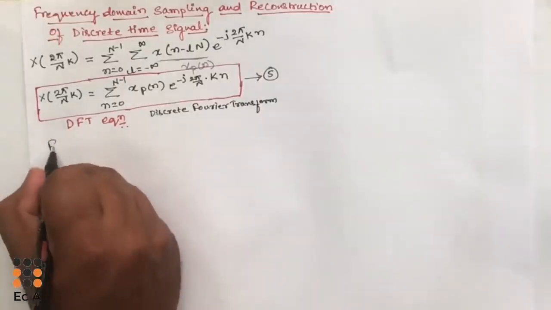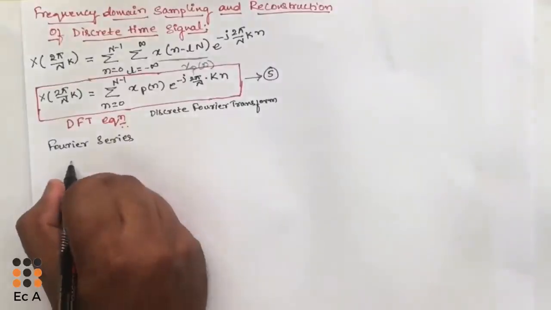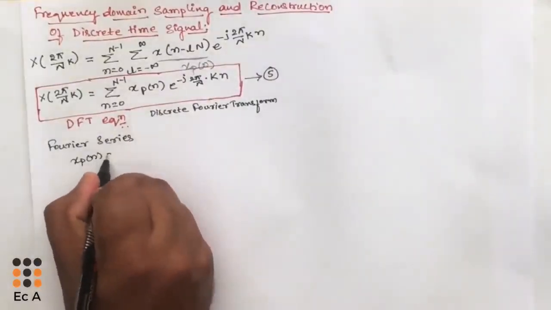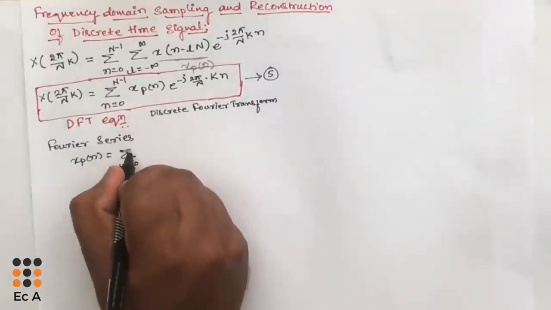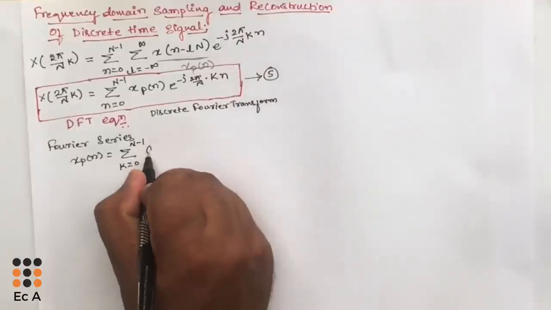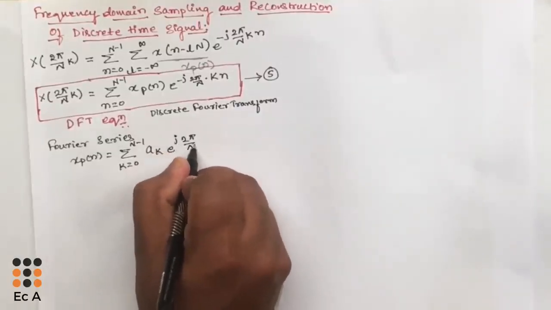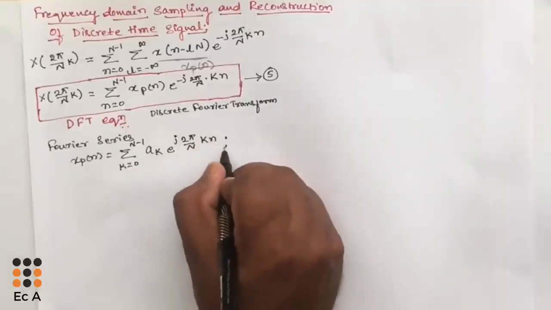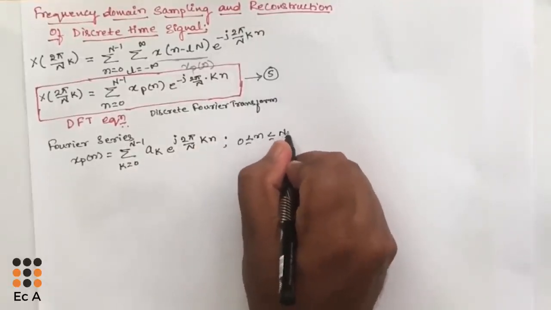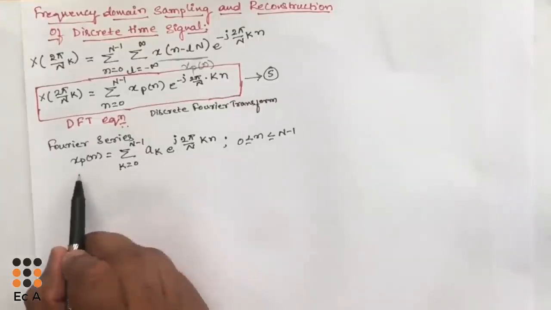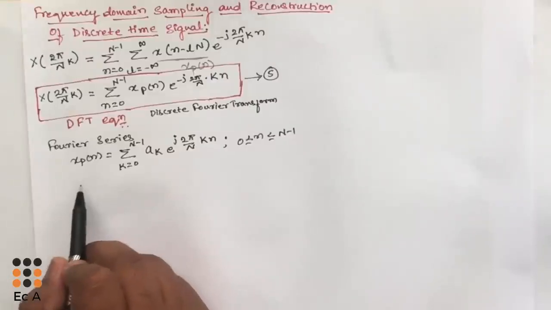Using Fourier series, any periodic signal can be represented as xp of n is equal to summation of k is equal to 0 to N minus 1 ak e to the power of j 2 pi by N kn for n value ranging from 0 to N minus 1. So this is the periodic signal representation using Fourier series.